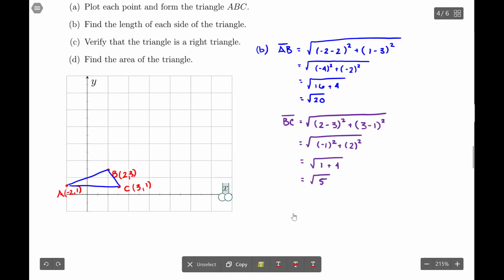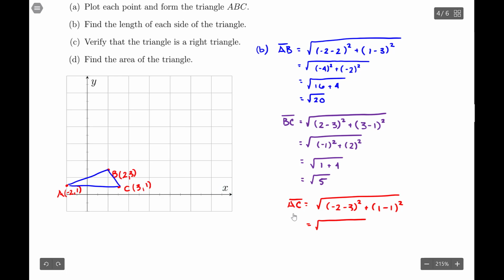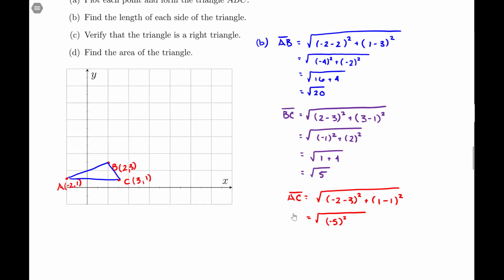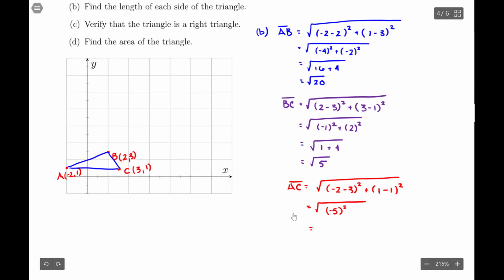The last one is the distance from A to C. We'll have -2 minus 3, quantity squared, plus 1 minus 1, quantity squared. -2 minus 3 is -5, and 1 minus 1 is 0, so we're not even going to write that down. We end up with the square root of 25, which is equal to 5.